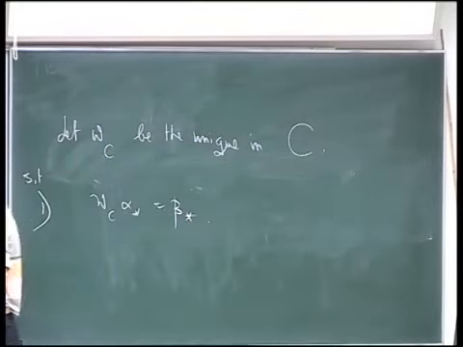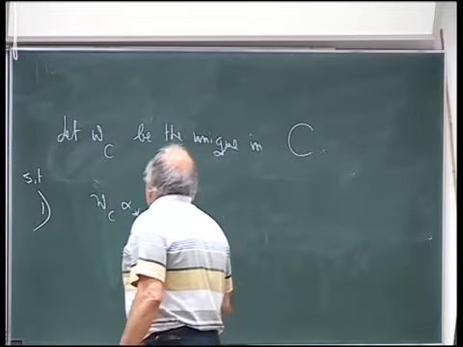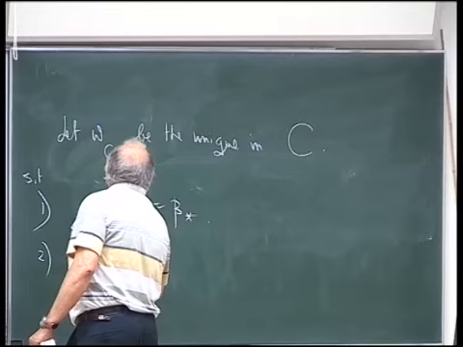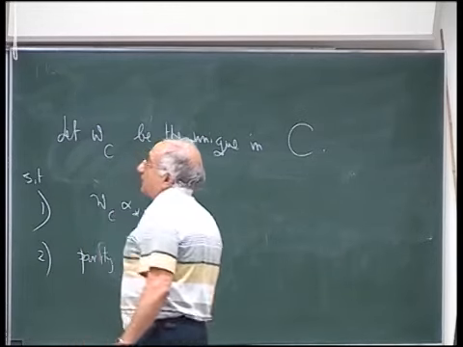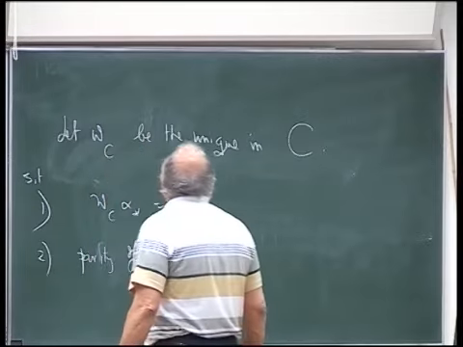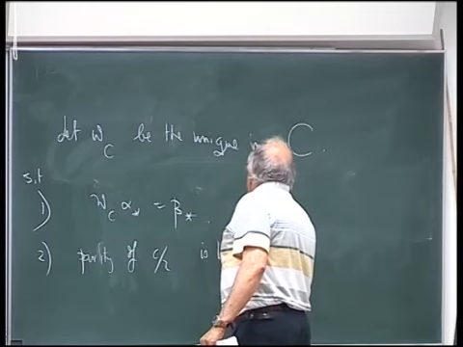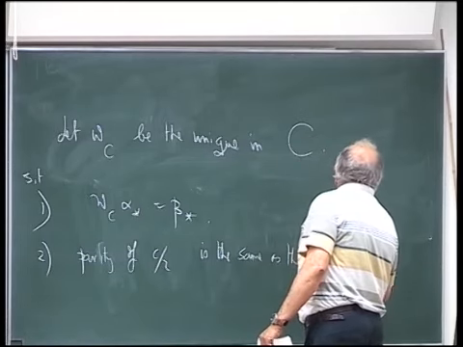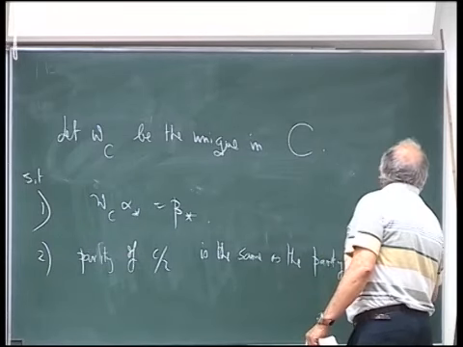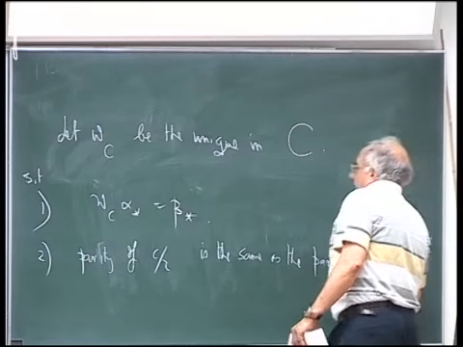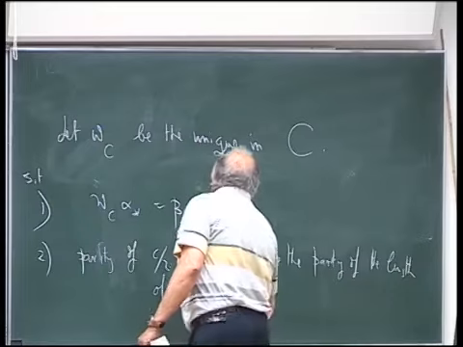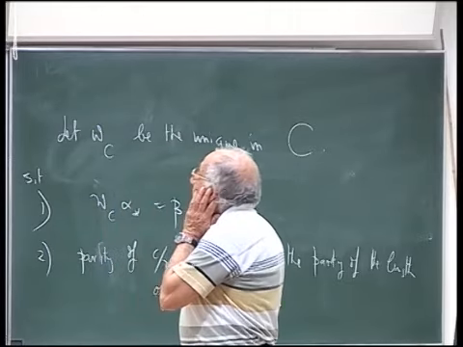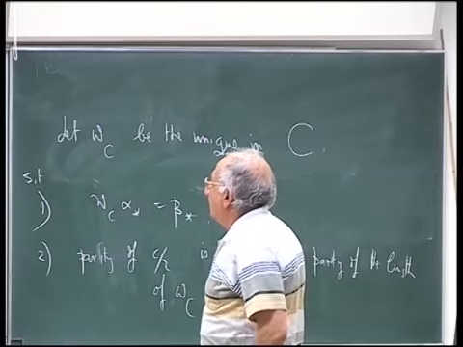But since you have a stabilizer, we want some other condition, and that is that the parity of C over 2, which remember is a Coxeter number, and I'm assuming it's even, is the same as the parity of the length of WC viewed as an element in this Coxeter group C. So that implicitly describes WC.